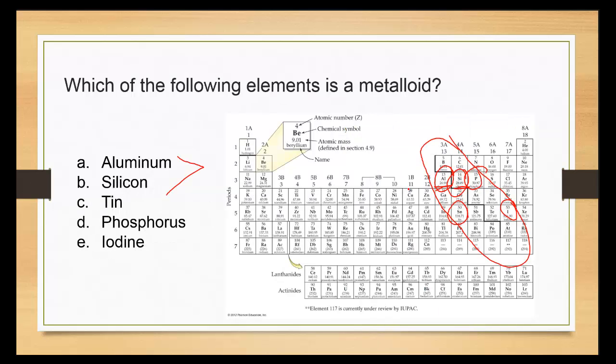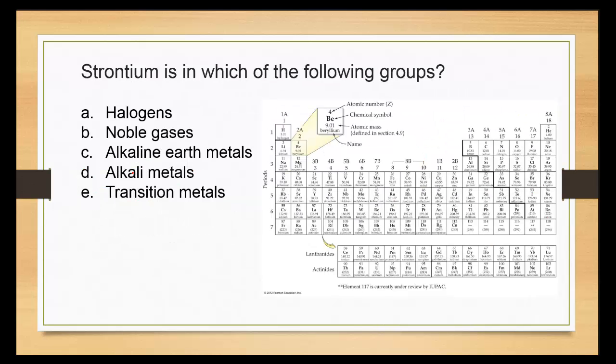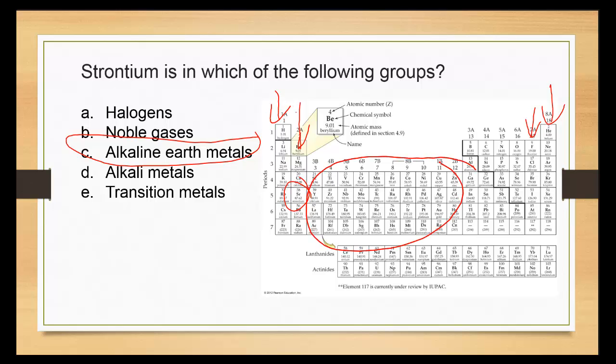Strontium, which is right here, is in which of the following groups? Halogens, which are here. Noble gases are here. Alkaline earth metals is actually where it is. It's in the second row. Alkali metals are here. And these are the transition metals. And then finally, chlorine, which is here, is in which of the groups?